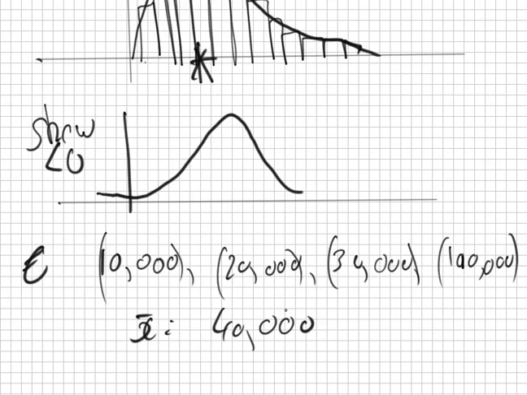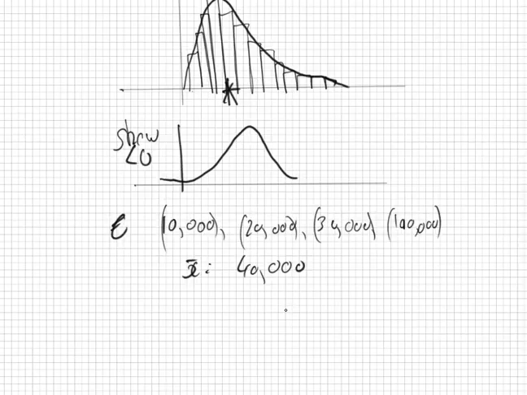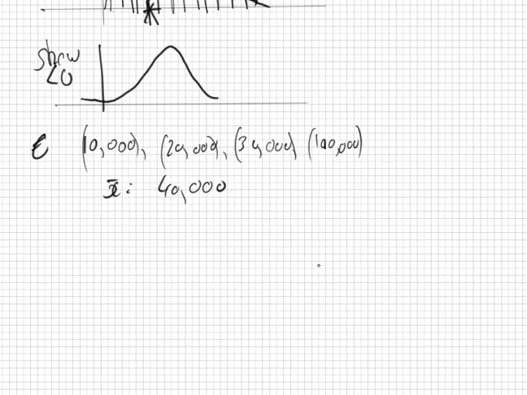So now you have 3 descriptors. Our first one is the average. What does the average tell us? That's where the center is, right? Then what's our next description? What did we do after the average?